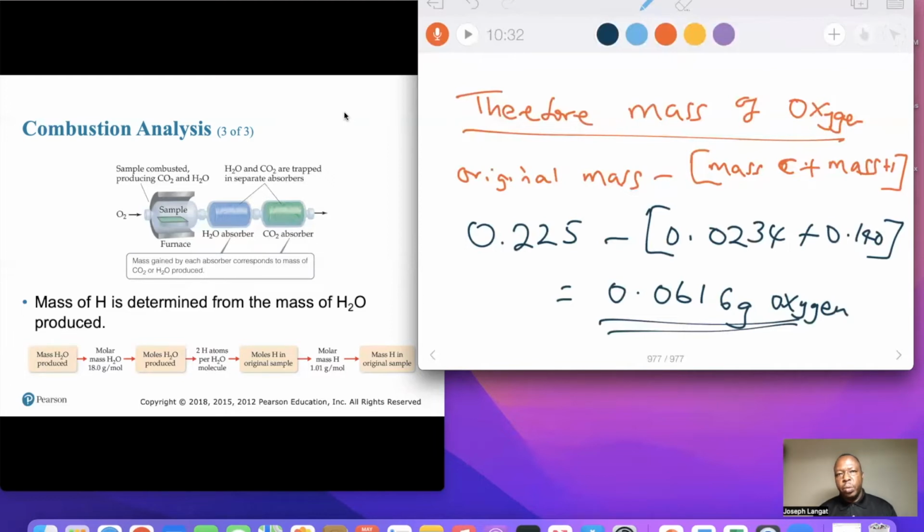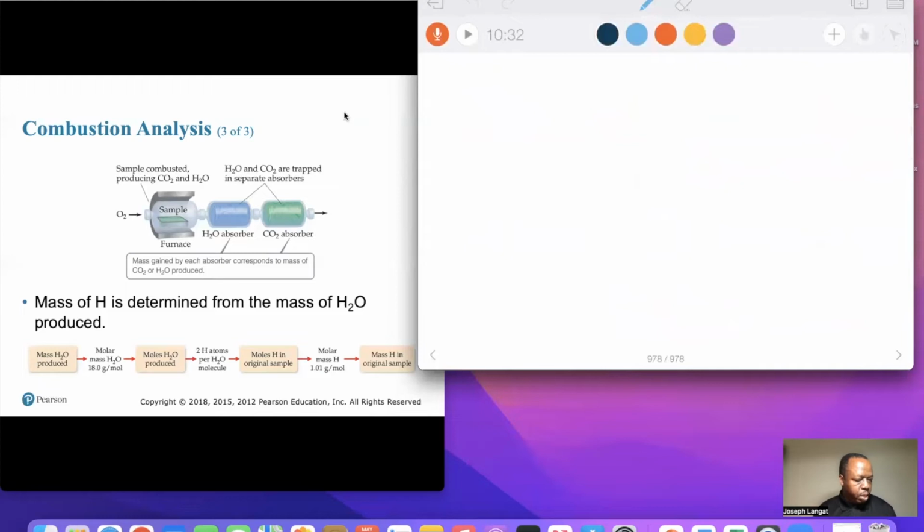So what we need to do is find the number of moles of each element. If I want to find the number of moles of carbon, it is given by 0.140 grams of carbon times 1 mole of carbon over the atomic mass of carbon.